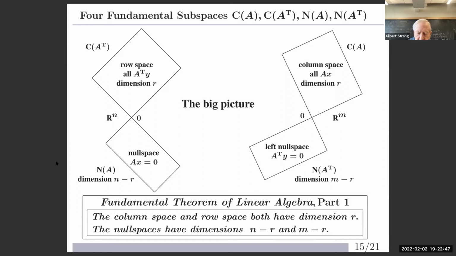By the way, here's my first homework problem. Suppose there's only one independent column. Every column is a multiple of column 1. That's a very special, simple matrix, a matrix of rank 1.